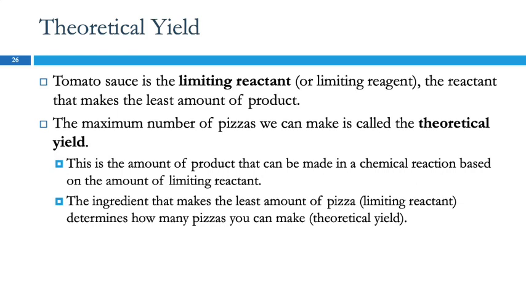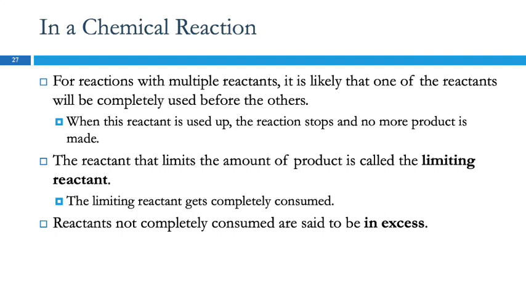So the ingredient that makes the least amount of pizza is your limiting reactant, and that determines how many pizzas you can make, the theoretical yield. In reactions with multiple reactants, just like when we're cooking, it is very likely that we will use up one of the reactants and not the others. Right? It would be very unusual if you set out to make a batch of cookies and you had just the right amount of butter and chocolate chips and sugar and flour and eggs in your house and nothing extra.